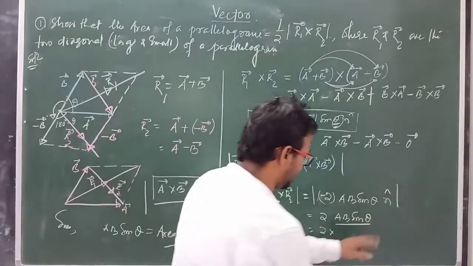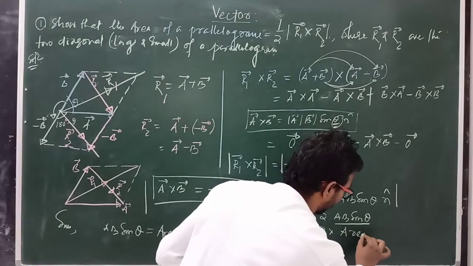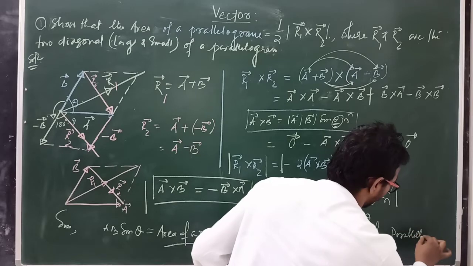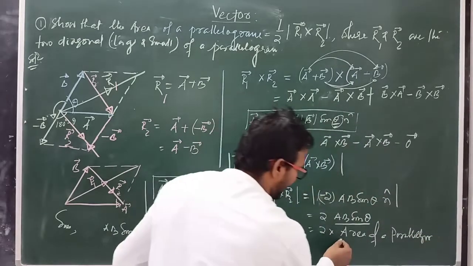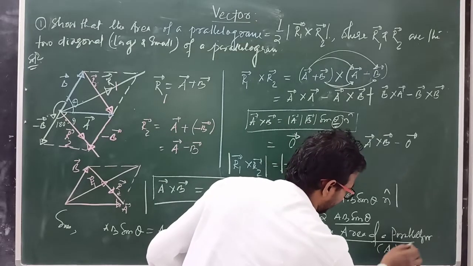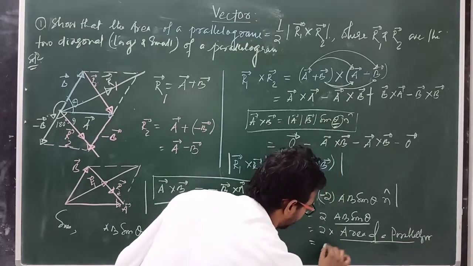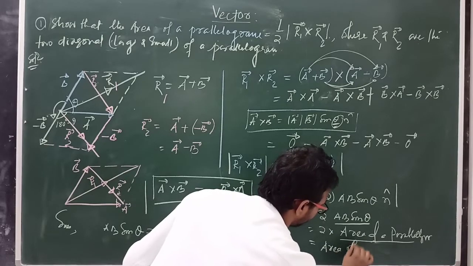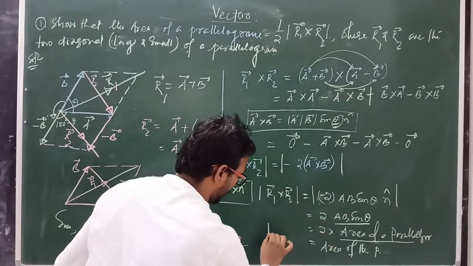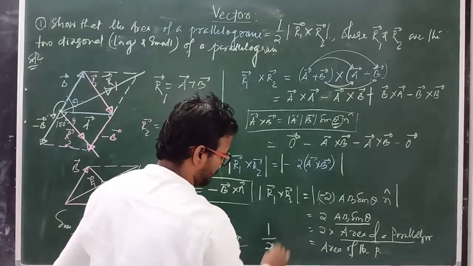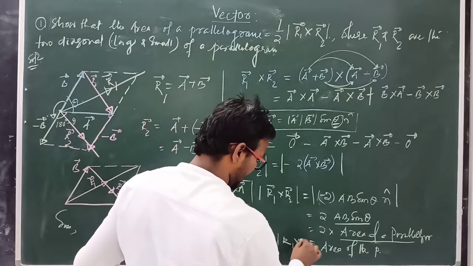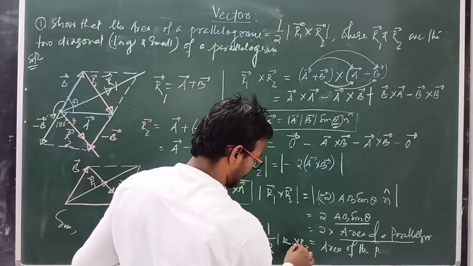If AB sin theta is the area of a parallelogram, I am writing it symbolically as A. Now write the area of the parallelogram, which equals 1 by 2, half, the magnitude of R1 cross R2 vector.